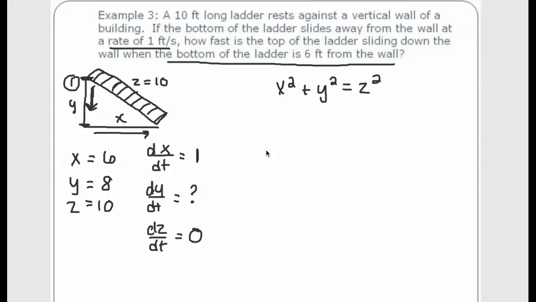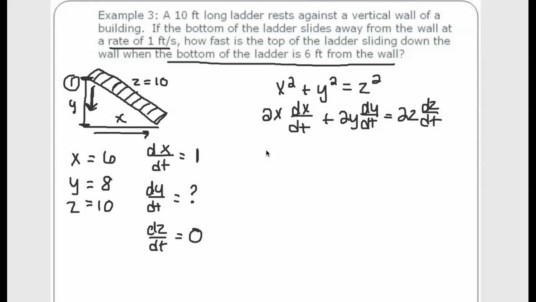Okay. So that means if you find your derivative, it's 2x dx/dt plus 2y dy/dt equals 2z dz/dt.